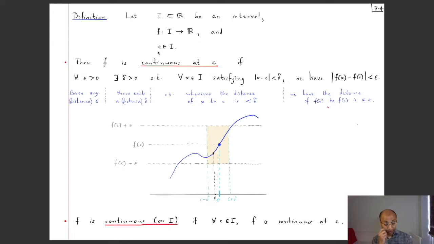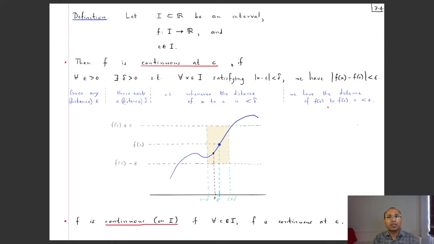We say that the function is continuous at c if given any distance level epsilon positive, there exists a distance delta positive, such that whenever x is in the interval and satisfies that its distance to c is less than delta, we are guaranteed that the distance of f(x) to f(c) is less than epsilon. So once again, let's first read it mathematically.